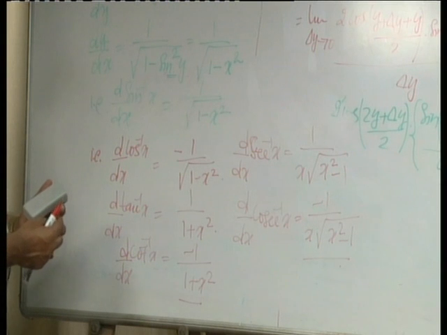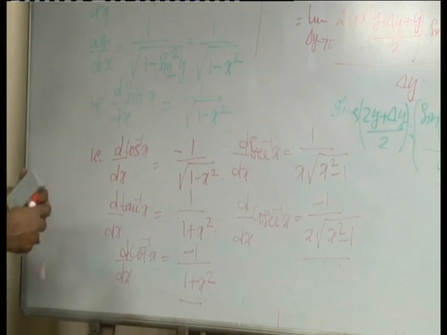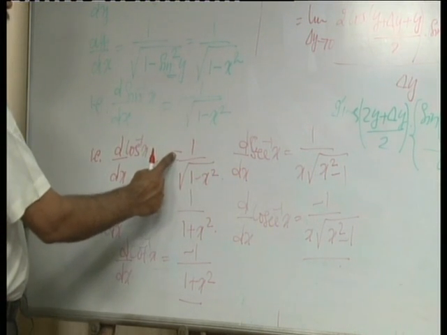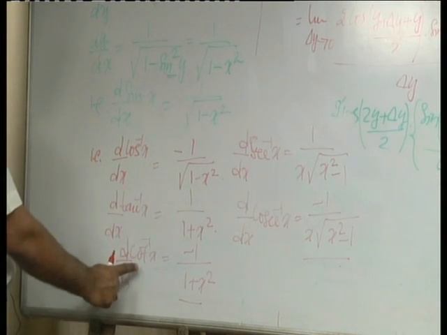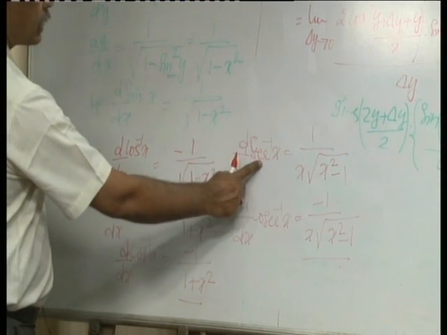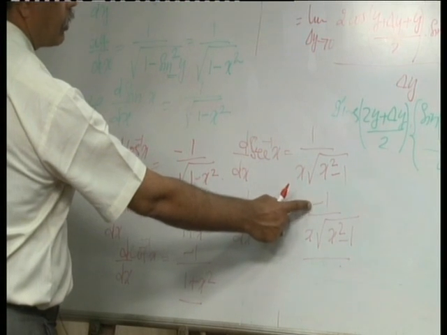We can see for sin inverse and cos inverse, the derivatives differ by only the minus sign. For tan inverse and cot inverse, again they differ by only the minus sign. For secant inverse and cosecant inverse, the derivatives differ by minus sign only.